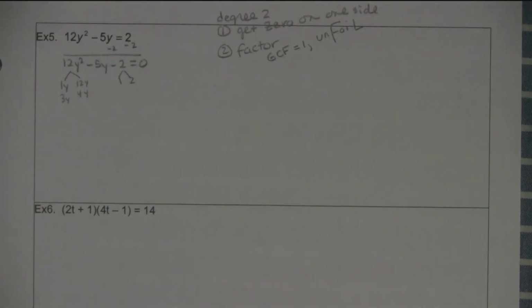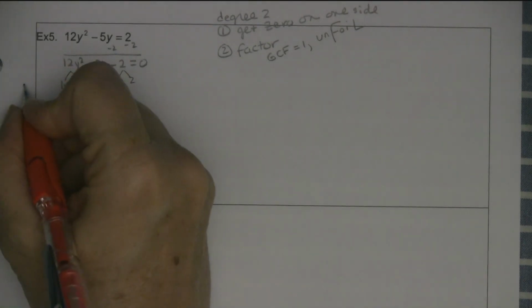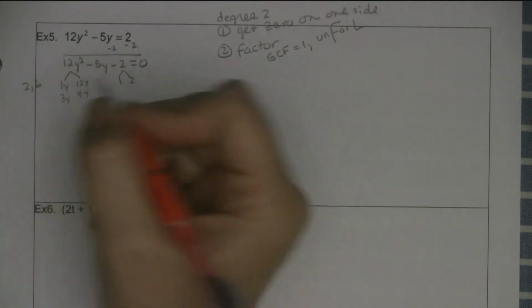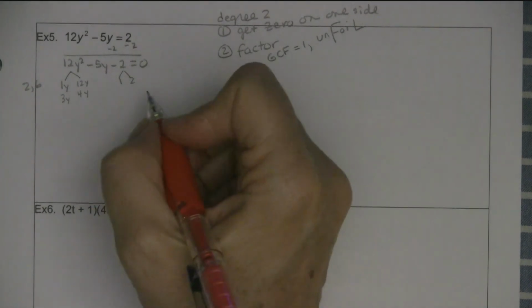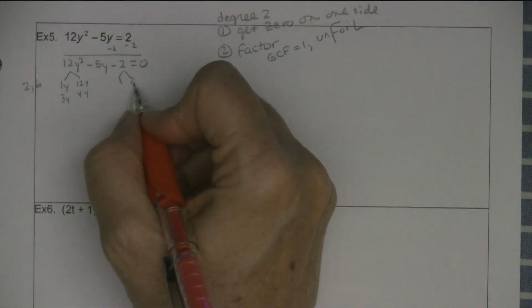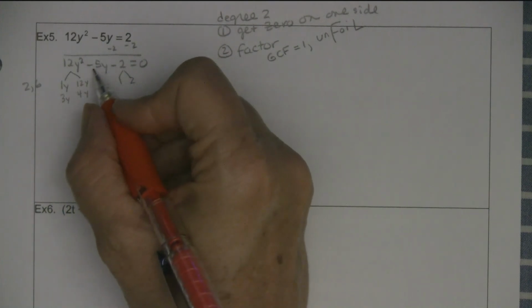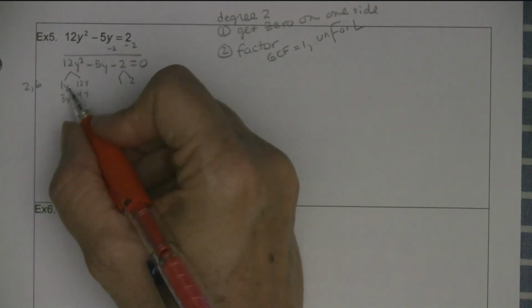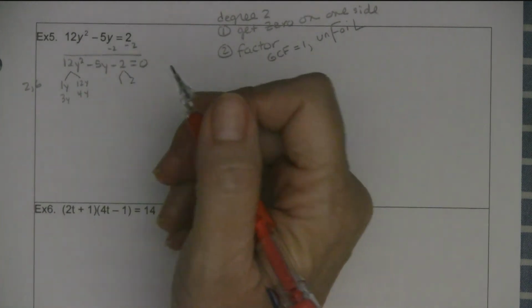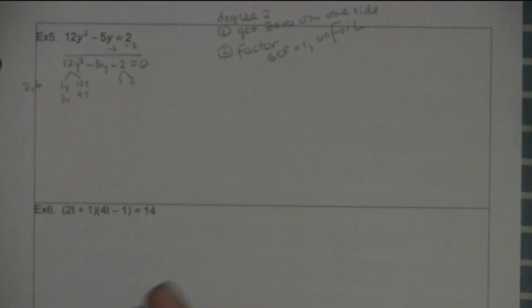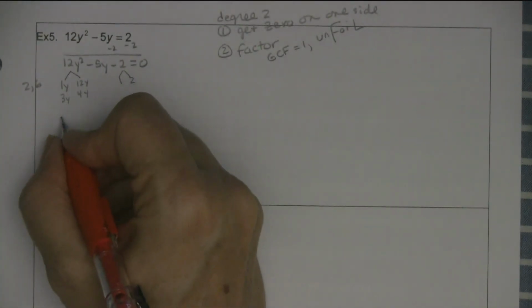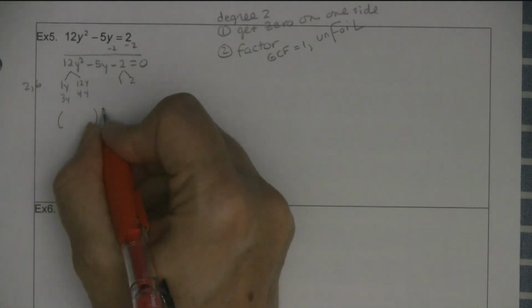And the reason I wasn't so keen on trying 2 and 6, do you remember that common factor thing? There'd be no place to put the 2, right? And I'm thinking 12 is going to be a little bit too big to try to make 5 in the center, with the other ones being a 1. So I was thinking I needed to go with things that are closer together. So I was thinking maybe 3y and 4y.